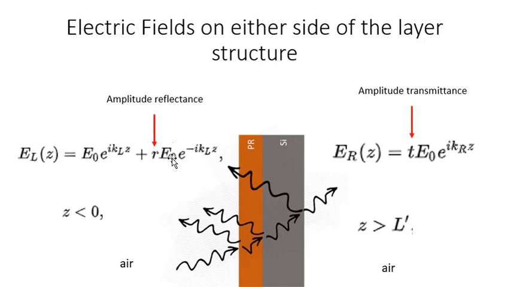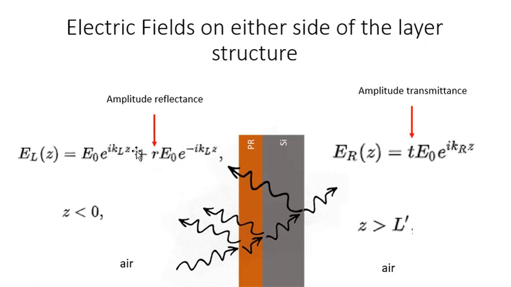Because the reflected amplitude is going to be almost equal to the incident amplitude. But if this is pretty much completely transparent, then R would be close to 0. Okay, and so we can represent the total left-going wave, the sum of all these different reflected components, by this term here.